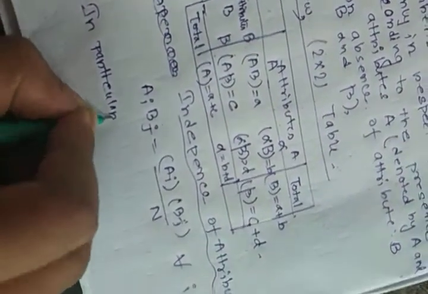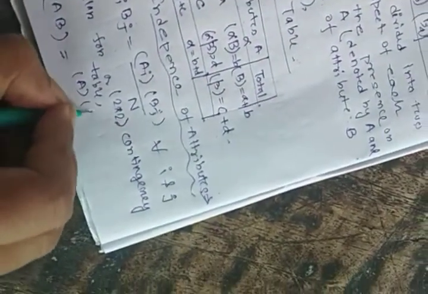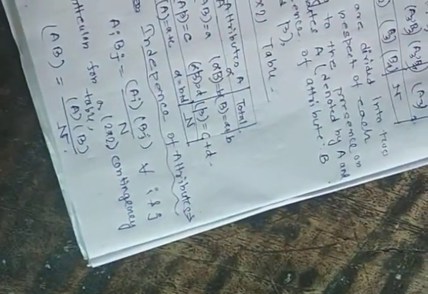In particular, for a 2 by 2 table, this will be (AB) equals (A)(B) by total N. This is the total, this is N. If the attributes are not independent, then they are said to be associated.